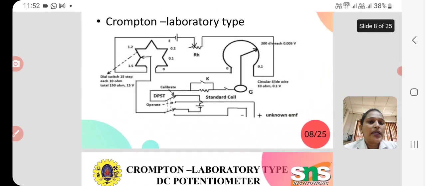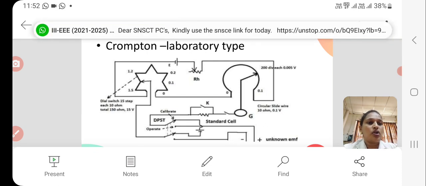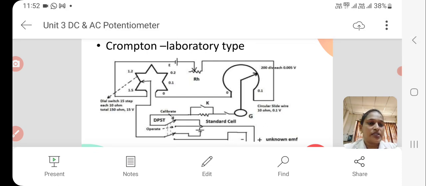You have two sets of dials. One dial has 15 steps which provide the resistance to the circuit. The other circular dial is used to display the unknown voltages.